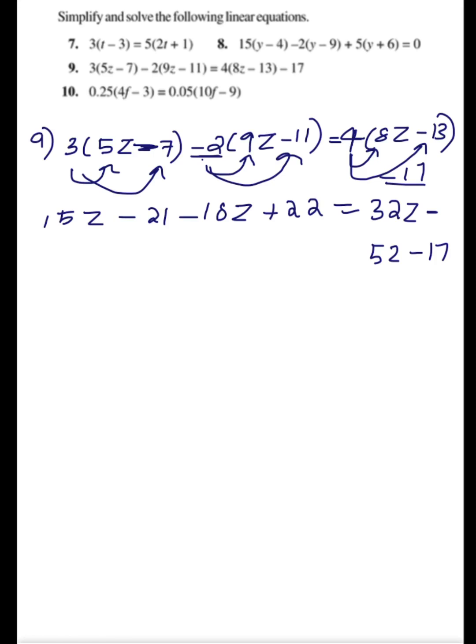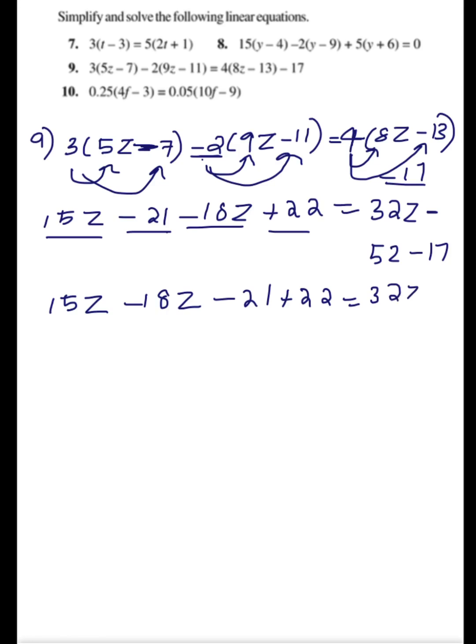Now let's put the variables together. That is 15z, then minus 18z. Then minus 21 plus 22 equals 32z minus 52 minus 17.